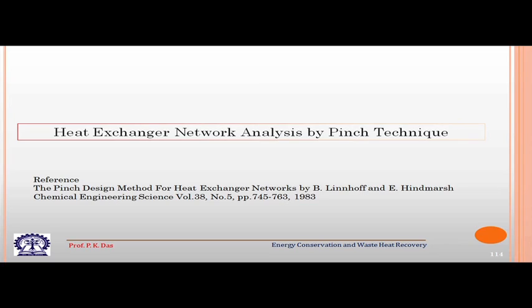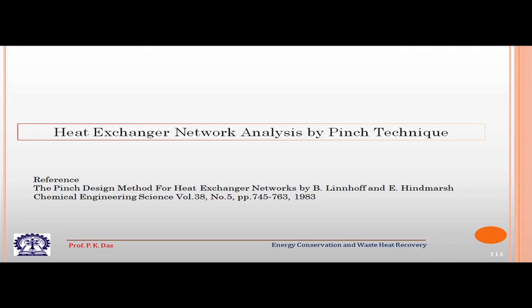It is regarding how, when a large number of heat exchangers are used in a plant or industry, energy can be conserved by the use of heat exchangers, not a single heat exchanger, but a number of heat exchangers. So, we will go now to heat exchanger network analysis by pinch technique.